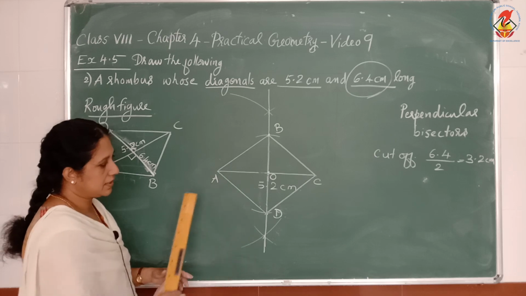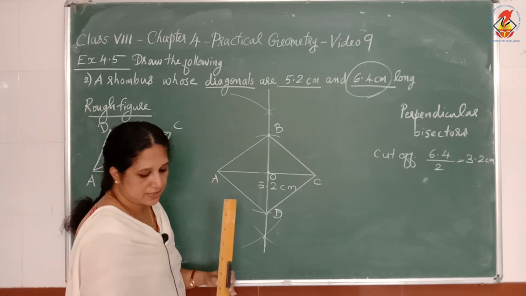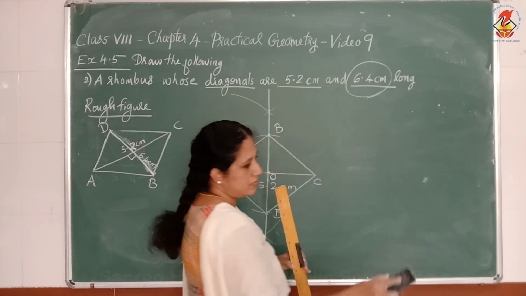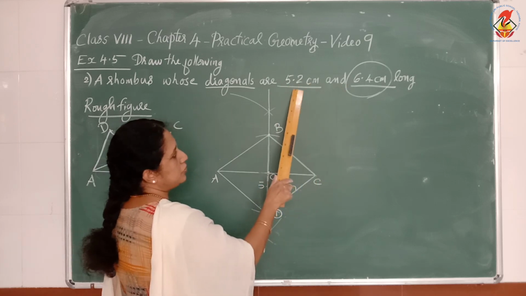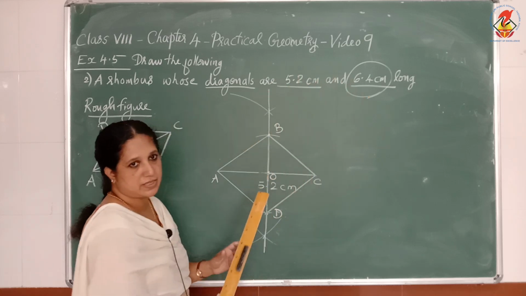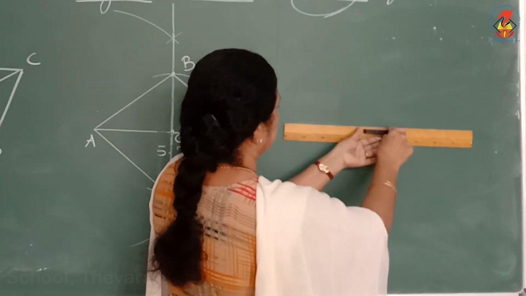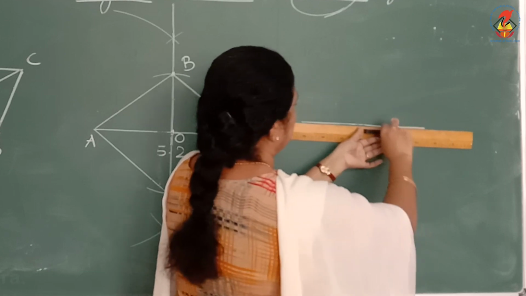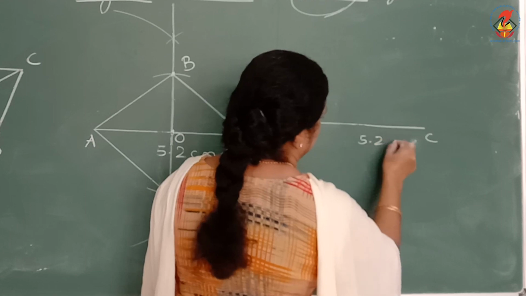So once again I will say how we can do the construction. First of all, draw any one of the lengths, either 5.2 centimeter or 6.4 centimeter. Here we selected AC, 5.2 centimeter.